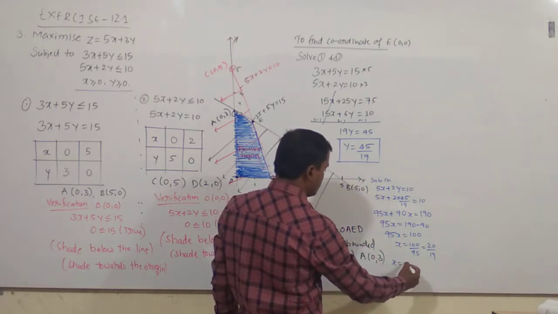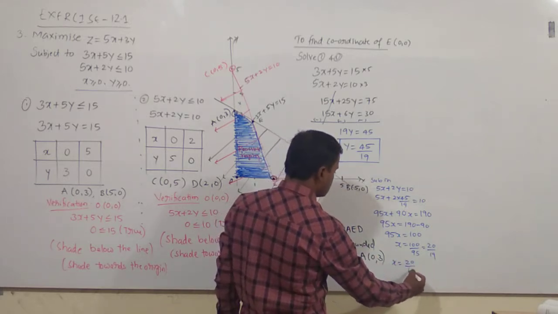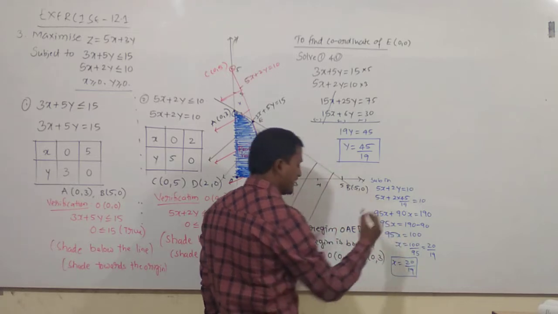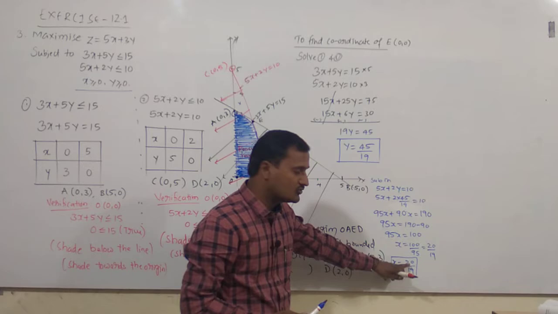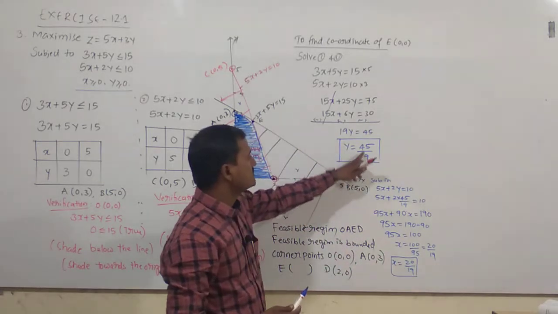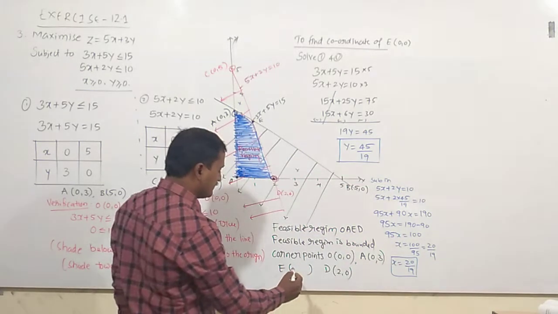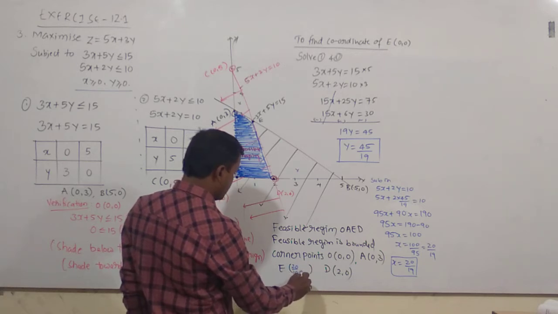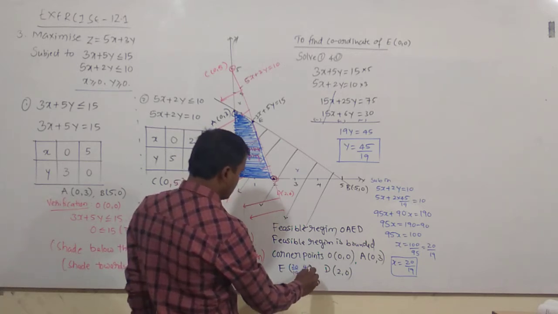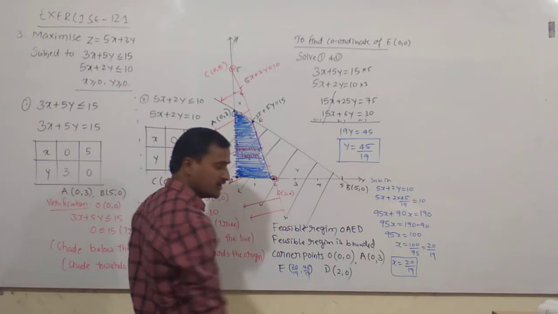So what is the coordinate of x? It is 20 by 19. Okay, now we got x equal to 20 by 19, y is equal to 45 by 19. So therefore what is the coordinate of E? That is 20 by 19 comma 45 by 19. Okay, right.